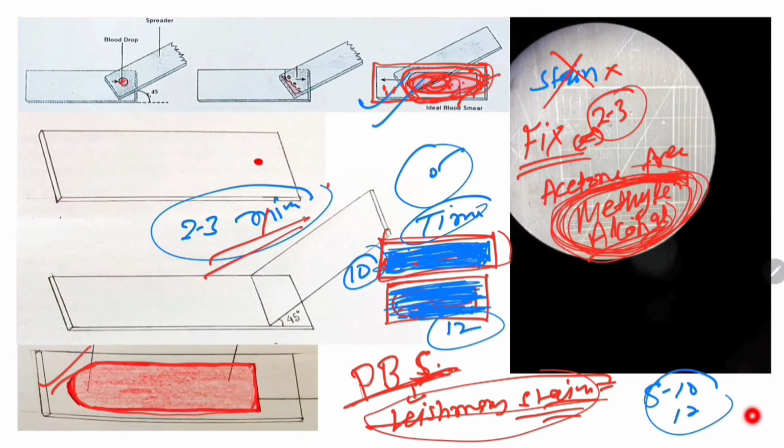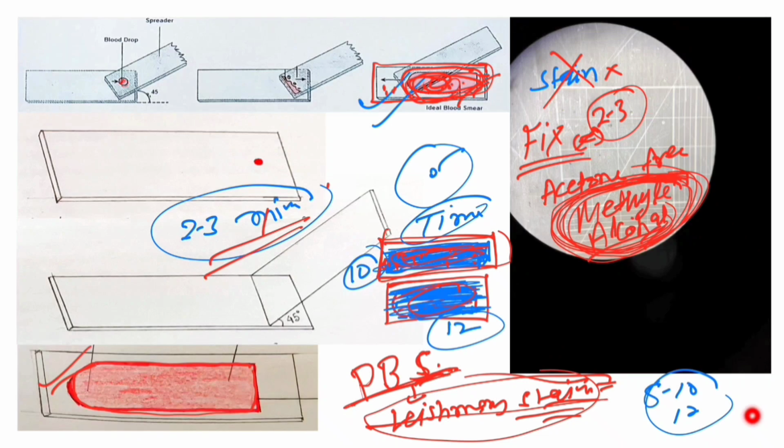Why? Even though this Leishman stain contains eosin and methylene blue, it is not going to penetrate the cell. Till now it is not ionized. That is why eosin and methylene blue are not going to penetrate the cell membrane and stain the cellular material inside the cell.